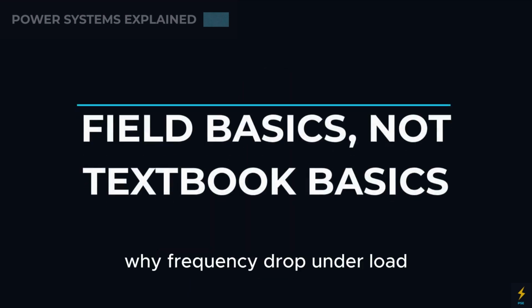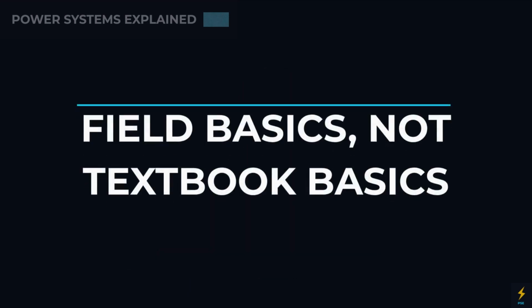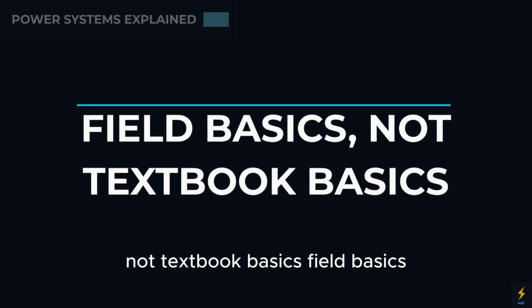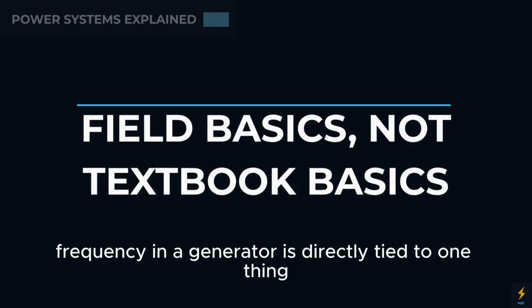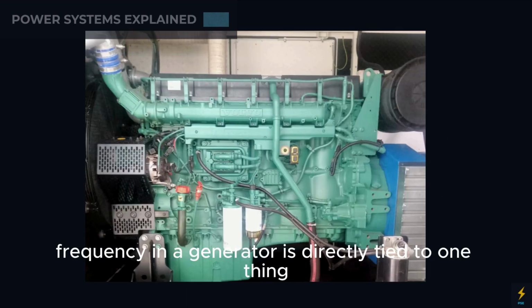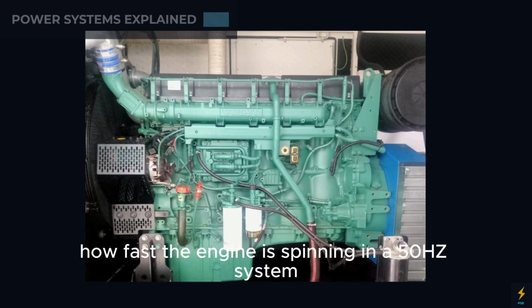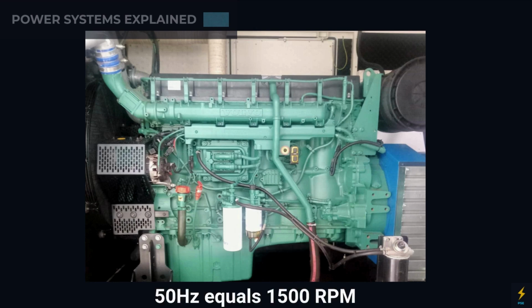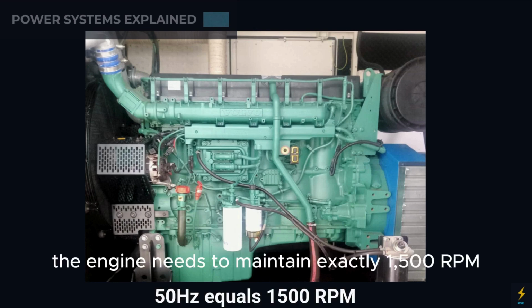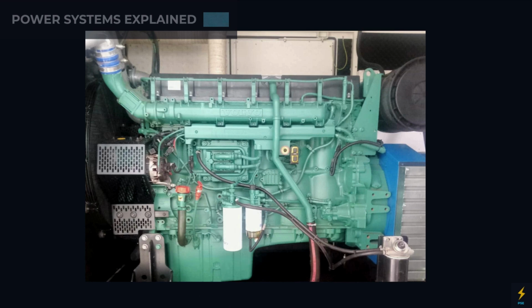Why frequency drops under load? Let's start with the basics, not textbook basics, field basics. Frequency in a generator is directly tied to one thing: how fast the engine is spinning. In a 50 Hz system, the engine needs to maintain exactly 1500 RPM.